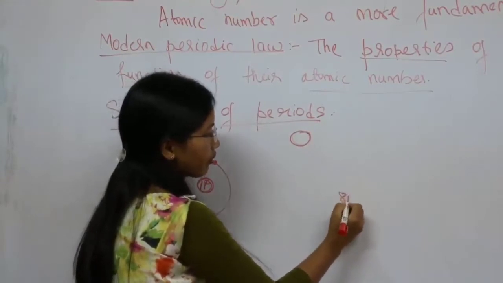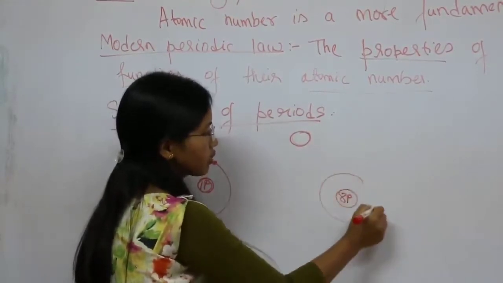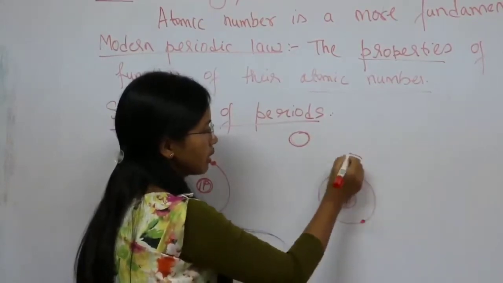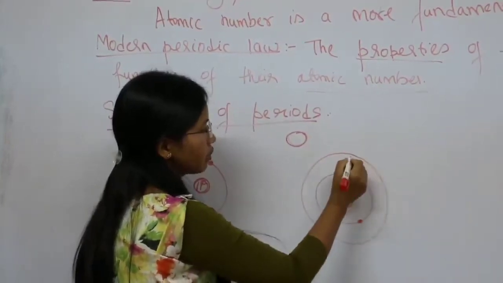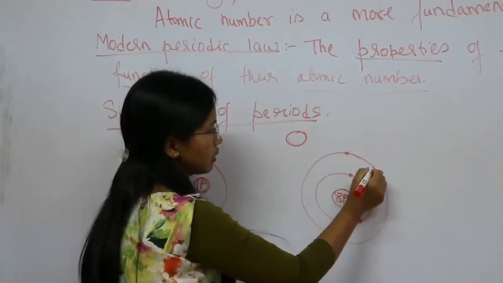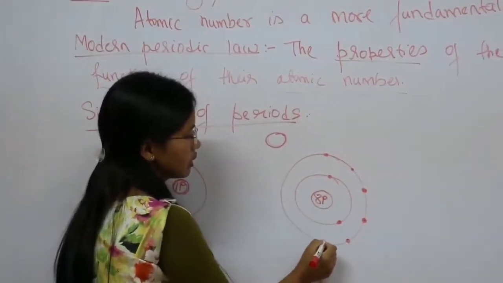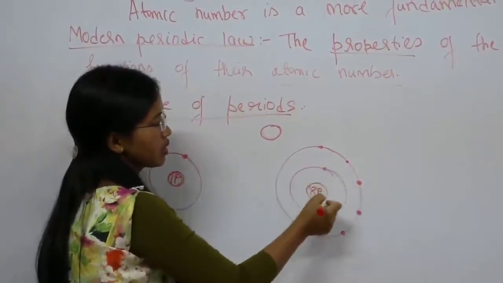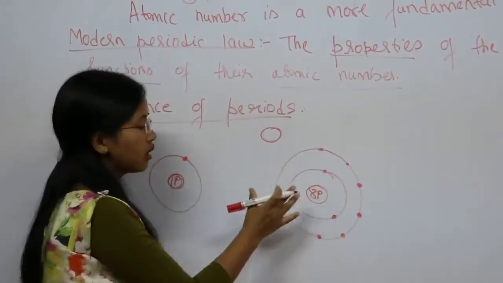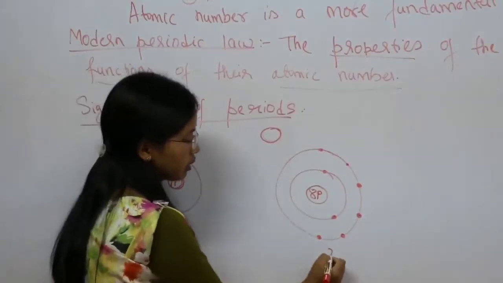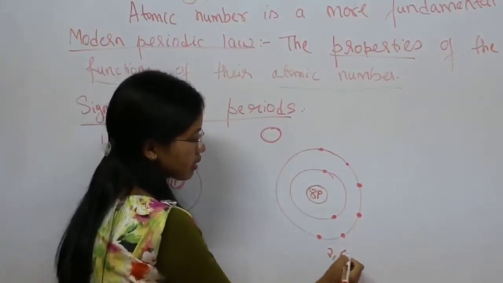So it will have 8 protons. In the first shell it will fit only 2 electrons. And then in the second shell it will have 6. So 6 with this 2 will make 8 electrons.